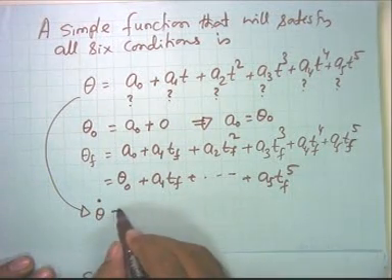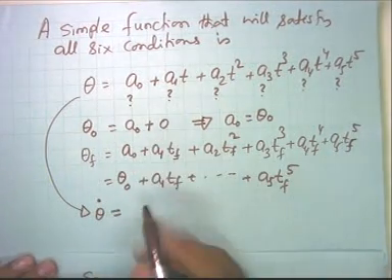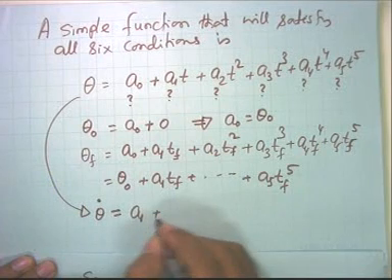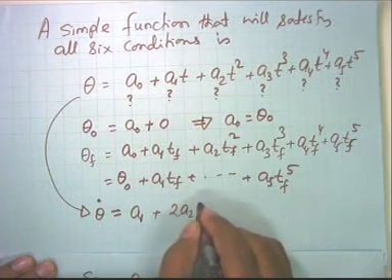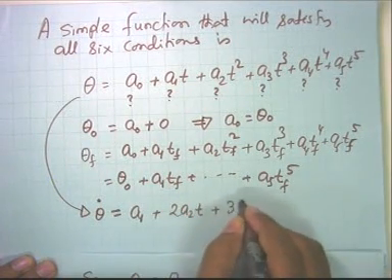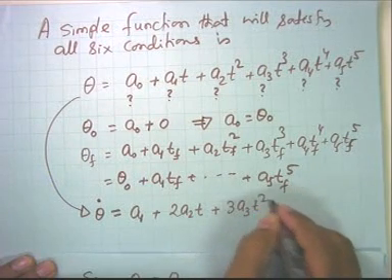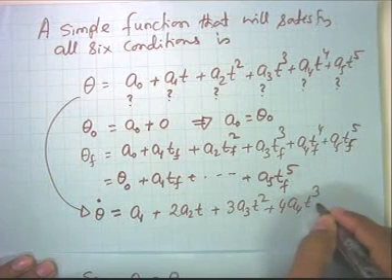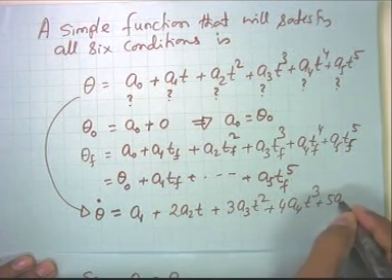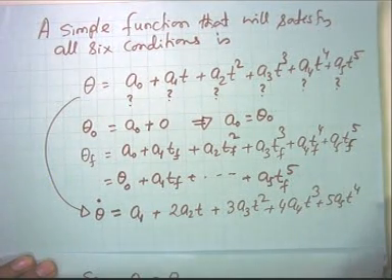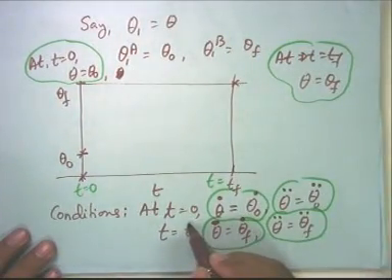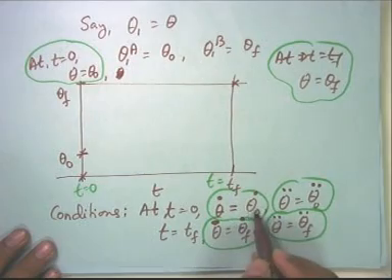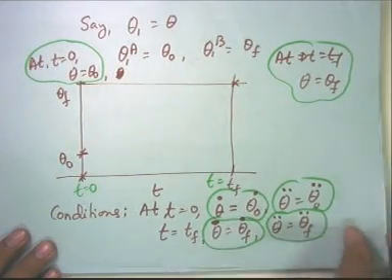So, theta dot is equal to A1 plus 2A2 t plus 3A3 t square plus 4A4 t cube plus 5A5 t4. Now I put the condition that at t equal to 0, theta dot equal to theta 0 dot.